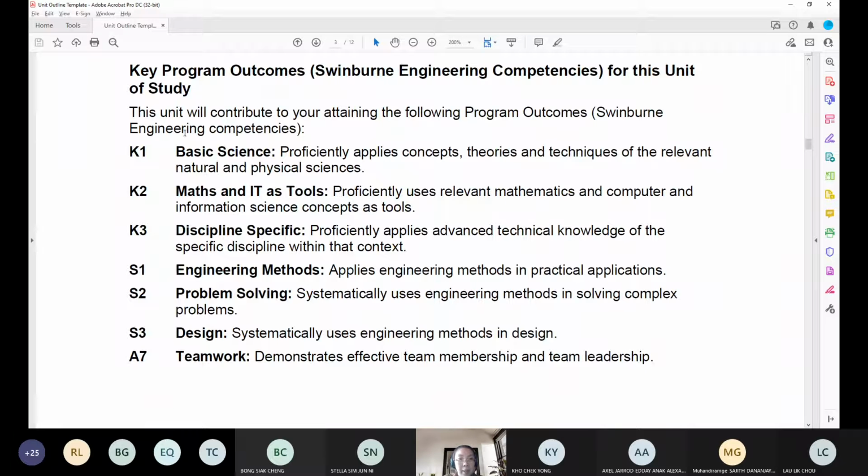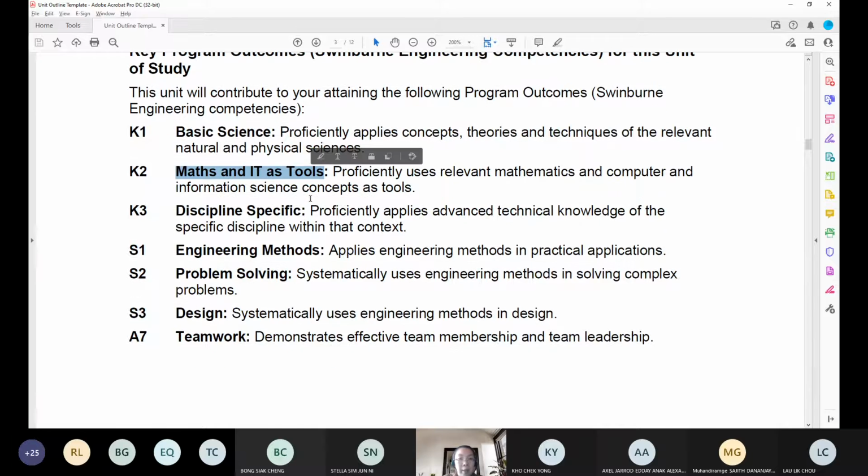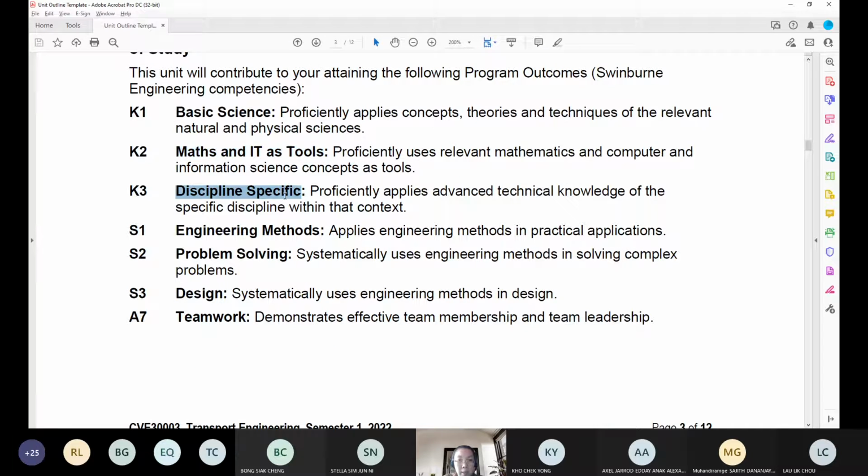All right, so what we want you to develop from this unit is that you have basic science, you will be proficient in using maths and IT as tools, and this unit is very discipline specific. Okay, it uses engineering methods in the solution.